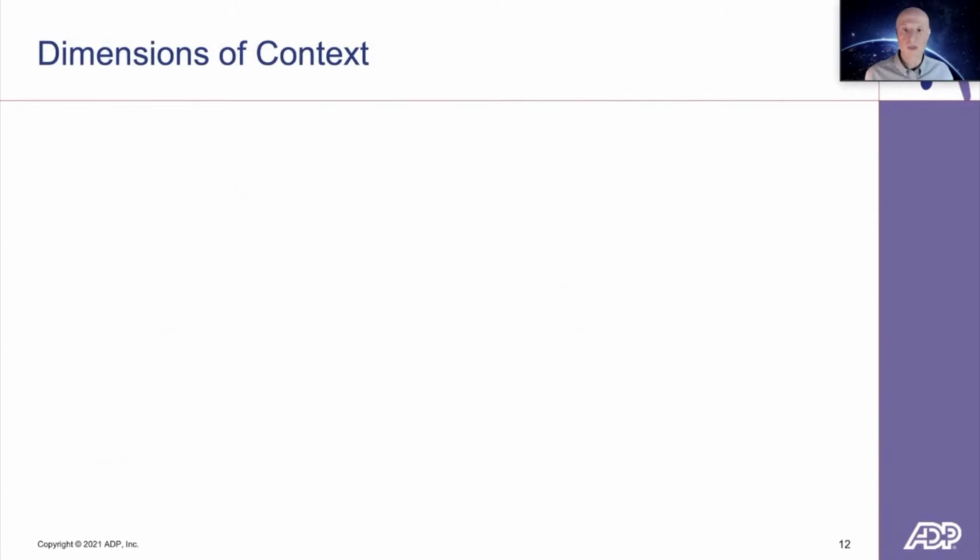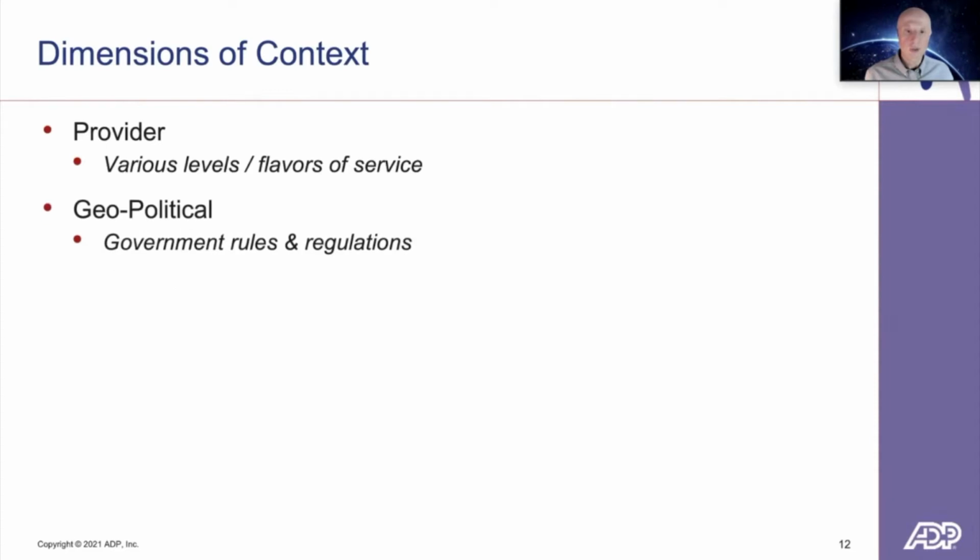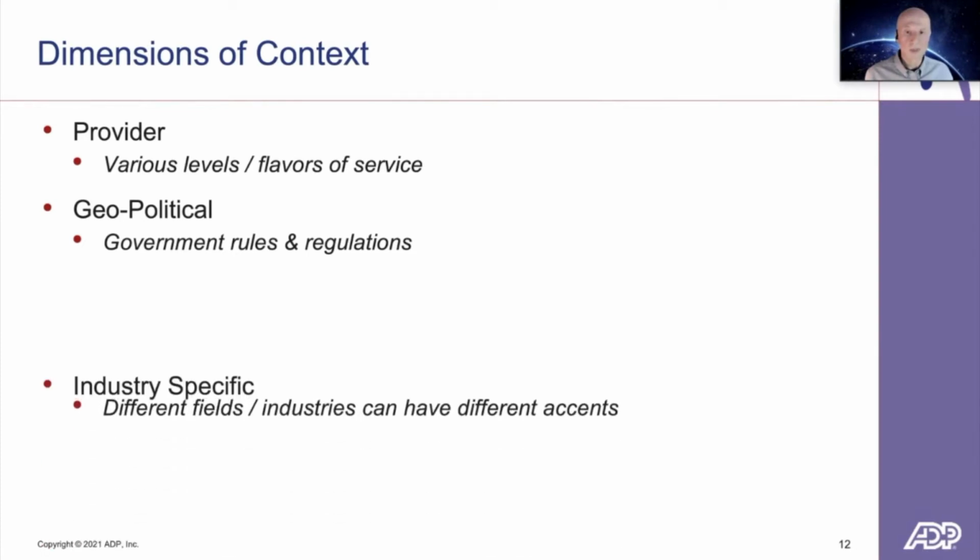Let's look how the different contexts could come into the picture. Different providers can offer different scale or flavor of service. The government rules and regulations will differ for different geopolitical regions. Thus, some attributes can become non-applicable or even prohibited by law.